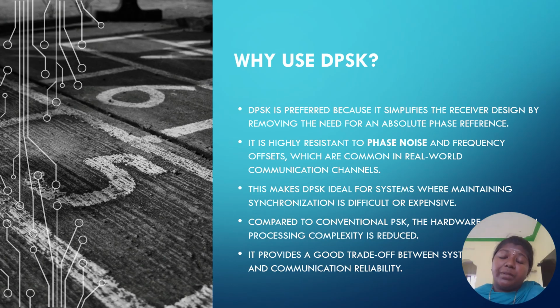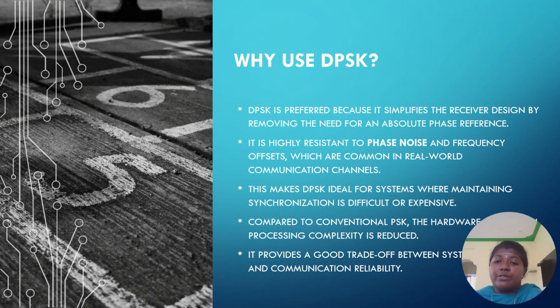Why we use DPSK? DPSK is differential phase shift keying. It is used to transmit the data in a smooth way. DPSK is simplified. It removes the need for an absolute phase reference. It highly restricts the phase noise. Often in frequency transmission, unnecessary noise travels, and DPSK reduces that noise.